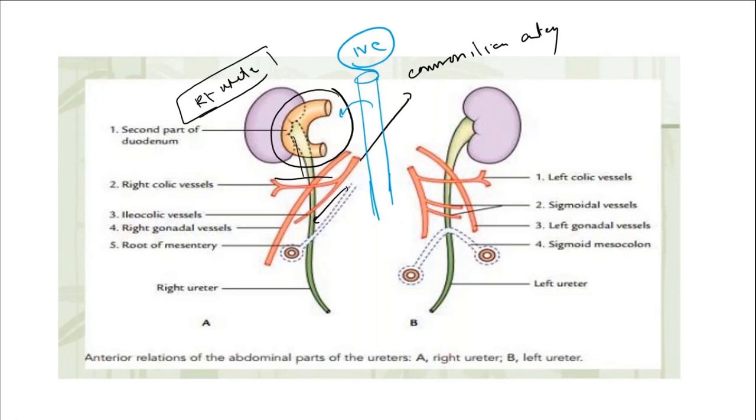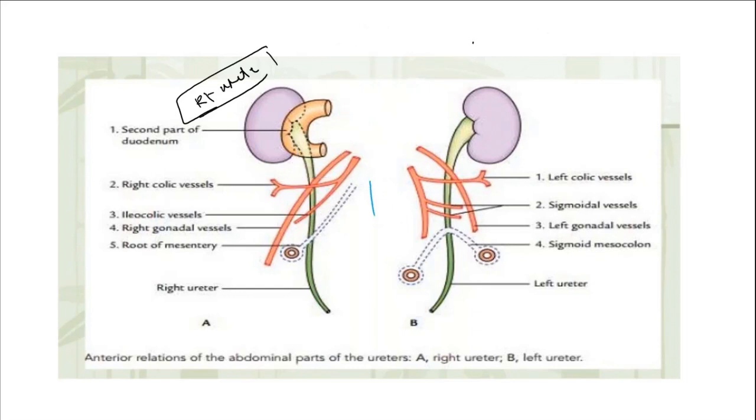Right ureter is crossed by gonadal vessel. Gonadal vessel is testicular or ovarian artery, and it is also crossed by right colic and ileocolic vessel. So everything is here. Let me show you.